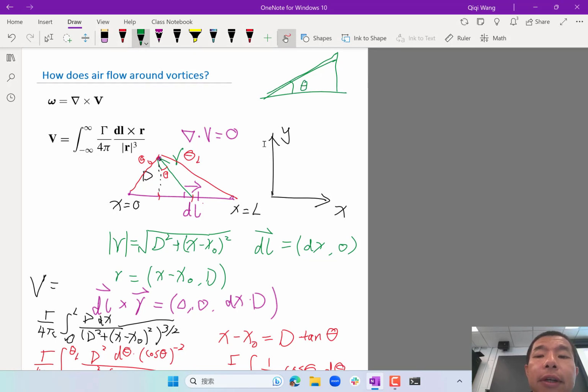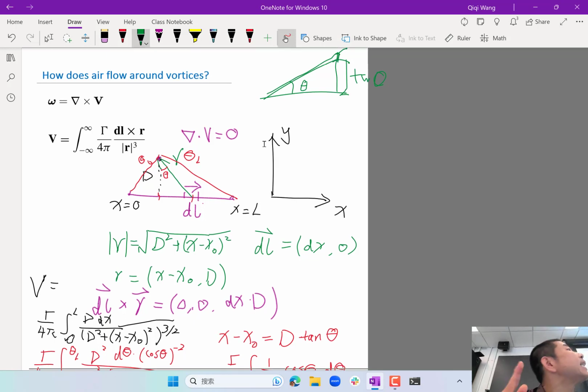This is tangent theta, and therefore this increment over here is the d tangent theta. So d tangent theta is this small segment, while the small difference in the angle is d theta. That's what you're asking, right?